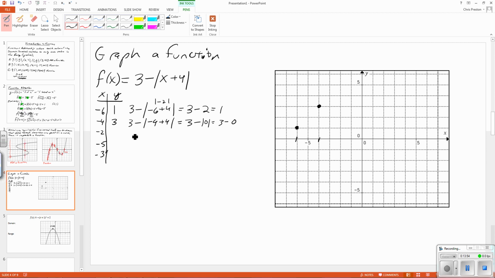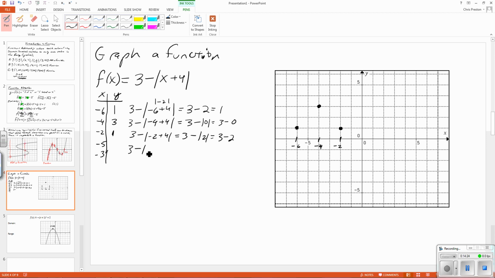All right. -2: the absolute value of -2 plus 4 is +2. So 3 minus 2 is 1. So -2, 1. We're seeing kind of a strange shape, not a line.